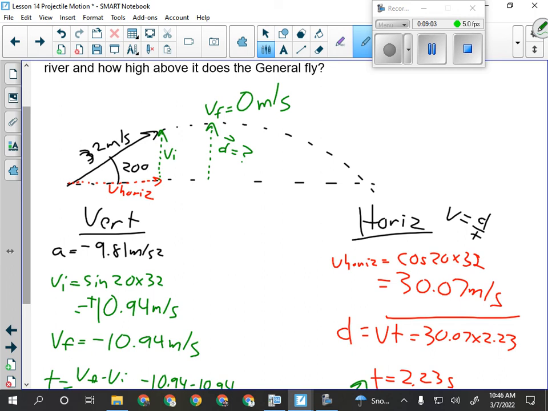Do I have a formula that can do that in one step? Which formula should I use? VF, VI, A, and D. Right, this one.